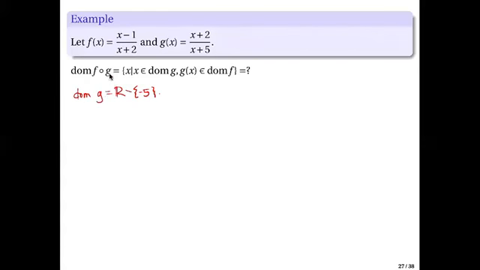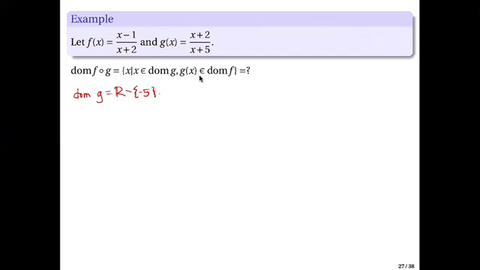So, initially, this part here means you already removed negative 5. The next question is, are there more numbers that need to be removed? You will be able to find that when you do this.